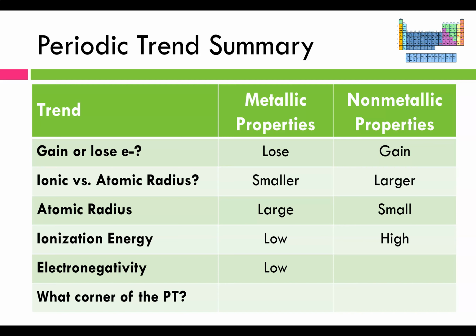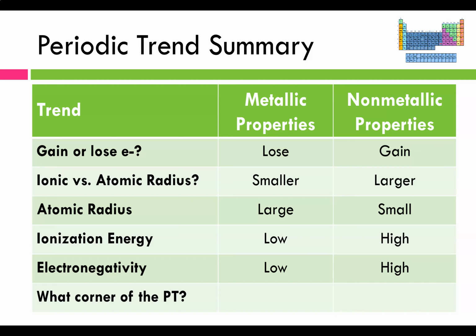They will tend to have low electronegativities. Non-metallics, again, powerful nucleus, small atomic radius, they can attract their own electrons, and they're strong enough to pull the electrons towards themselves in a bond. Keep in mind that our noble gases, group 18, have no electronegativity values as they do not bond.